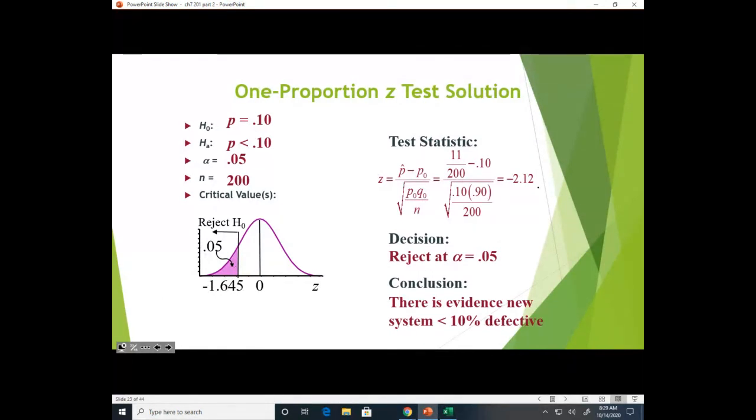And when we calculate our z-score, we get a value of 2.12, which is greater than 1.65, and thus we can reject at alpha equals 0.05. So there is evidence that we can reject the null hypothesis. Thus, the new system seems to be doing a better job.